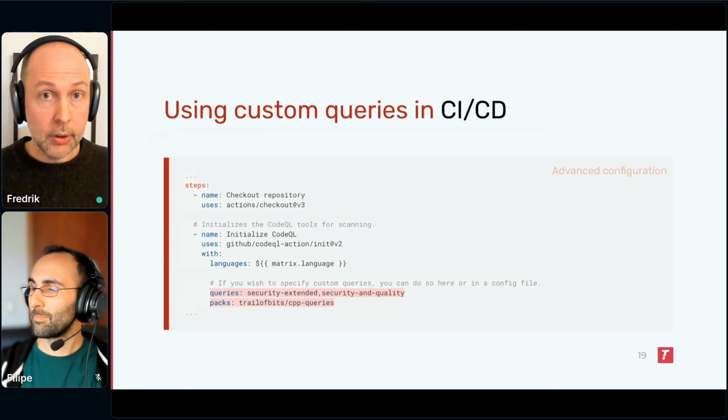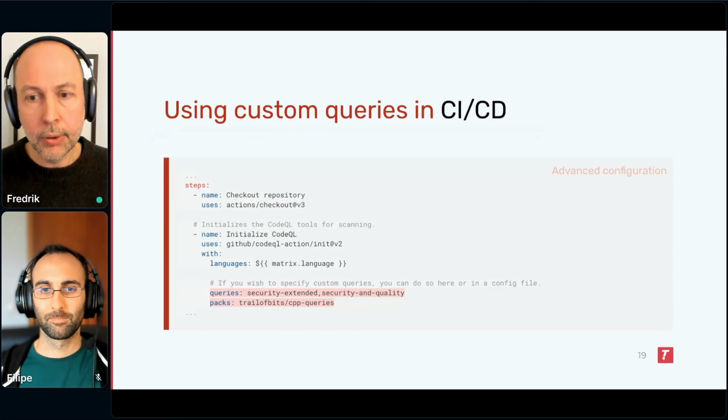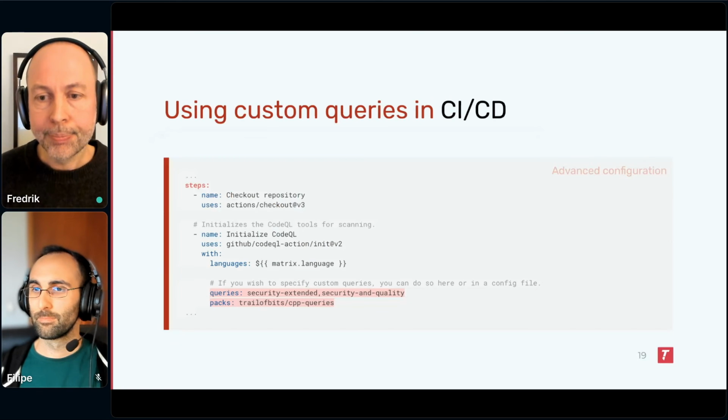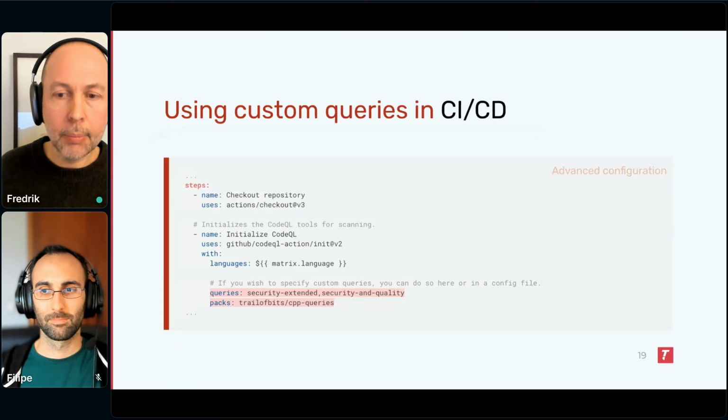And the CodeQL CLI comes with a set of query suites already defined, like security-extended and security-and-quality. The example query pack here, trailofbits/cpp-queries, is a query pack published by Trail of Bits.